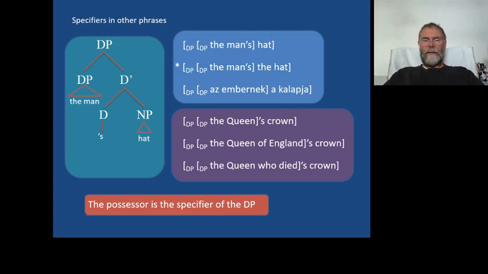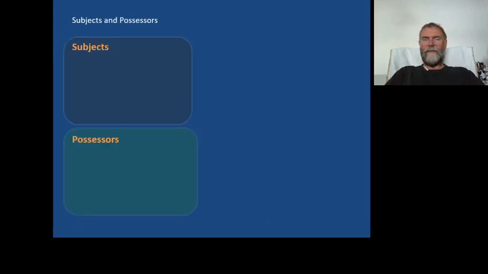So, given this analysis, we can conclude that DPs do indeed have specifiers and the specifier is the possessor. Now, the last thing I want to do, having identified two specifiers, that of subjects and possessors, is to compare these two to see what properties they share in common. Are we right to analyze them both as specifiers?